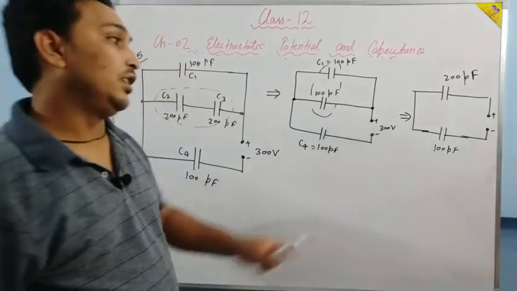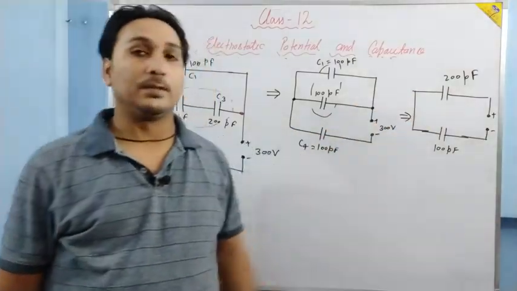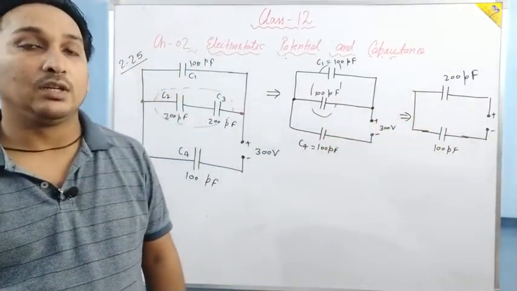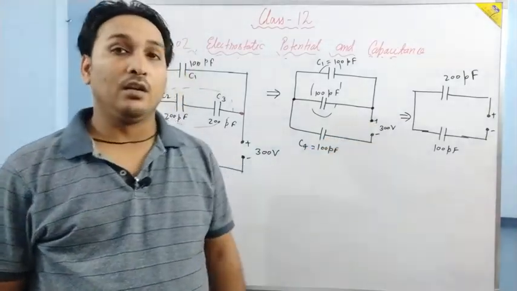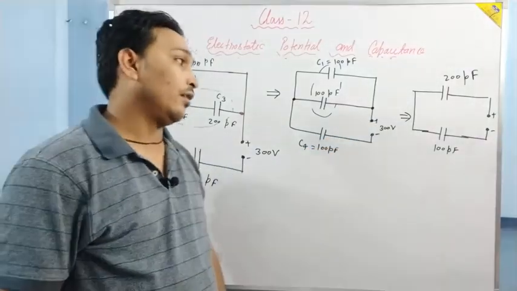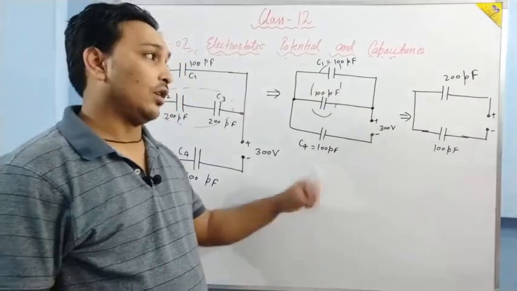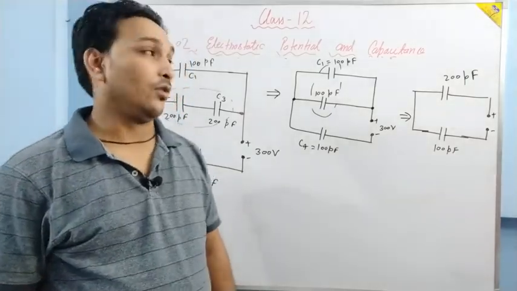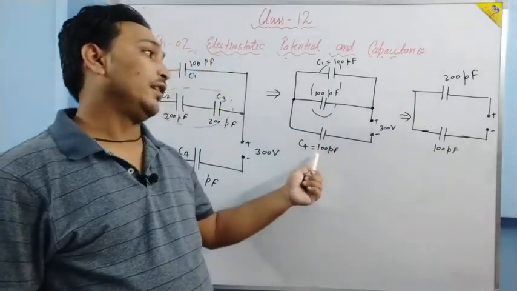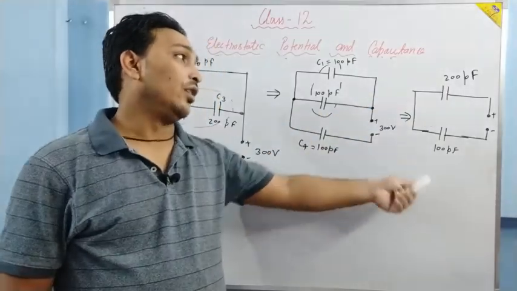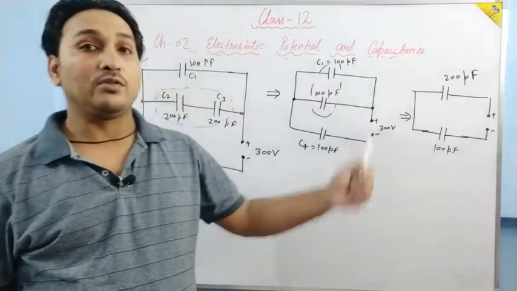Now these two are in series, not in parallel. The trick is that the voltage is given on this side, which many students neglected while solving, and they got the answer wrong. When you solve these two, you get 200 picofarad, and 100 is on this side. So 100 and 200 are not in parallel, they are actually in series.